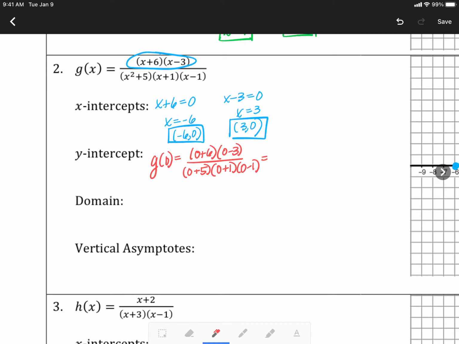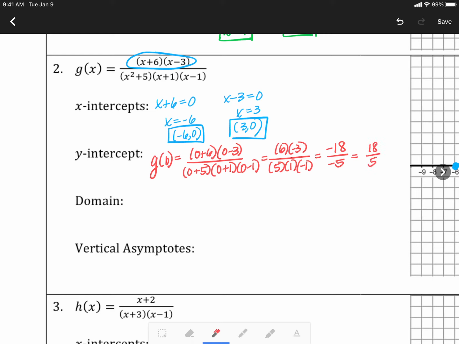So our numerator ends up just being 6 times negative 3. Our denominator is 5 times 1 times negative 1. Or negative 18 all over negative 5, just 18 fifths.